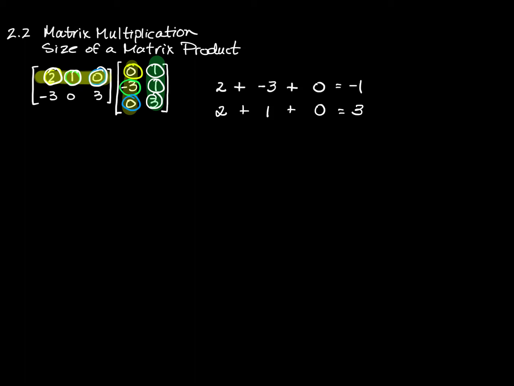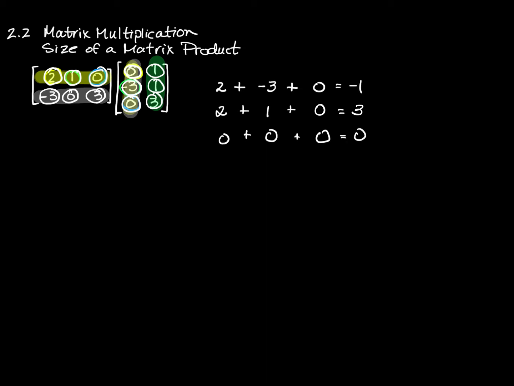In the next step, I repeat the process again, but this time multiplying the second row by first the first column, and then by the second column. So the second row by the first column: -3 times 0 is 0, 0 times -3 is 0, and 3 times 0 is 0. Of course, when I add those up, I get 0.